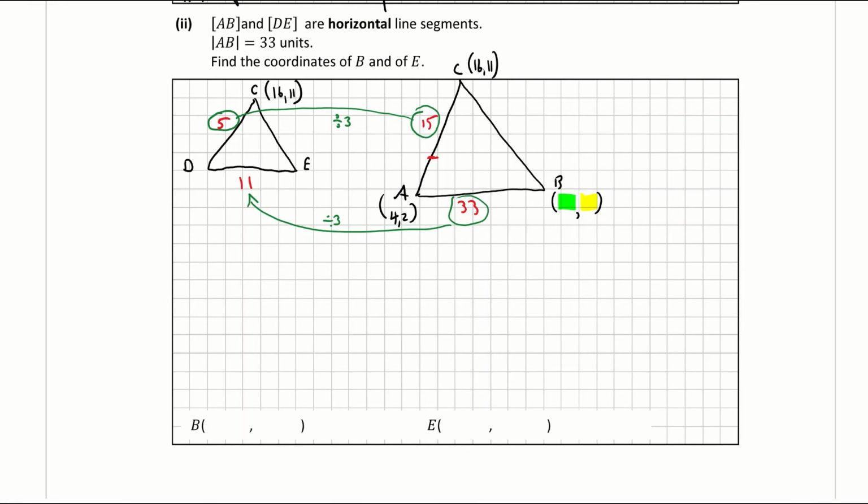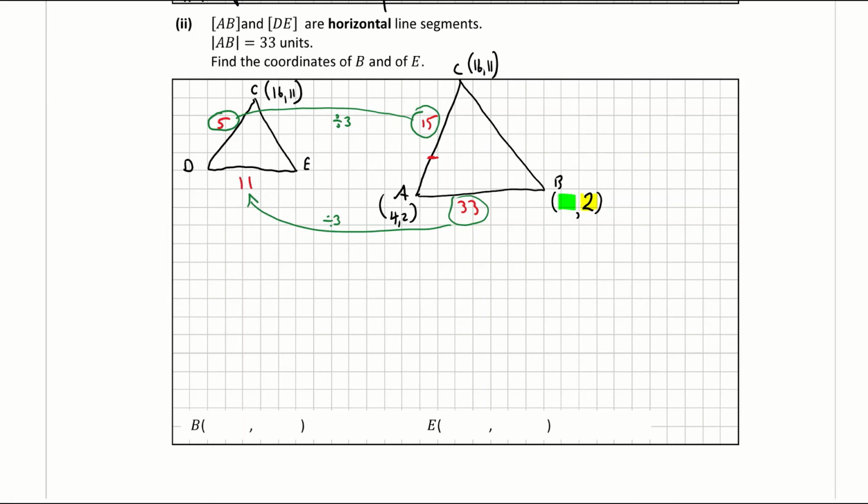So let's see, can we figure out anything else here now? The coordinates of A are 4, 2. Now this is a horizontal line, so that means the y coordinate does not change. So in my coordinate B, my y must be 2, because it's a horizontal line, think of it, it's just sliding across from left to right.